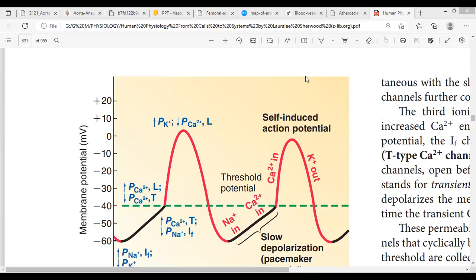So the calcium that has entered these SA node cells now moves to the contractile cells of the heart through gap junctions and causes contraction. Then there's the action potential of the contractile cells, where there are phase 0, 1, 2, 3, and 4.